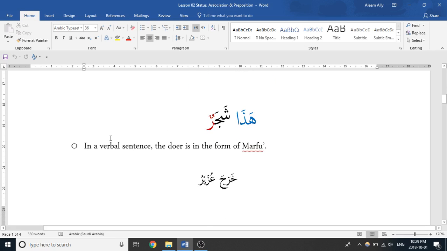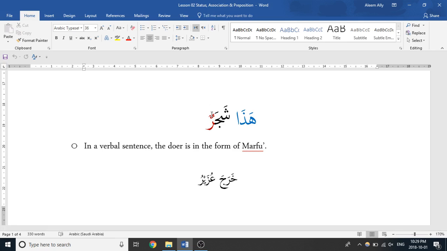Okay, moving on. In a verbal sentence, which is a sentence that begins with a verb, we said he ran to the car would be an example because it begins with he ran, right? In a verbal sentence, the doer is in the form of marfu'. Sorry about that, I forgot to mention this, but usually when a word is in a state of rafa, people just refer to it as marfu'.